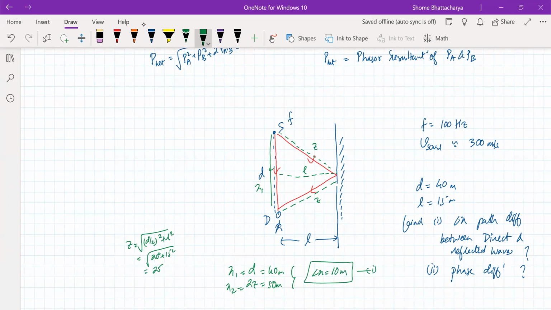Now we can also see what our wavelength is. 3 meters, right? So our path difference is 10 by 3 times lambda.